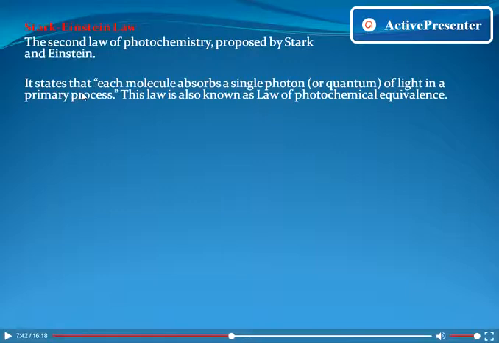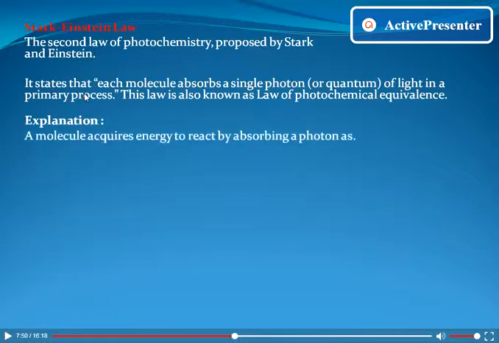So it means that at the beginning of a reaction, each molecule will absorb only one single photon. So we're going to take A as a molecule, and then we're taking this one to be a single photon, so the reaction proceeds in this way. A will acquire a photon, and then it's going to be represented as A star.